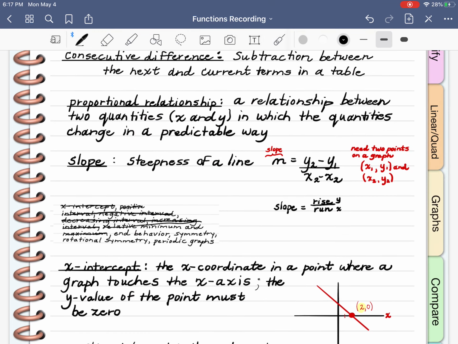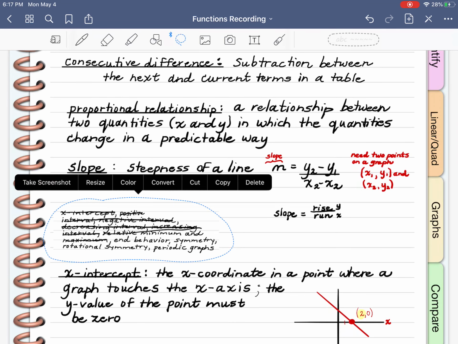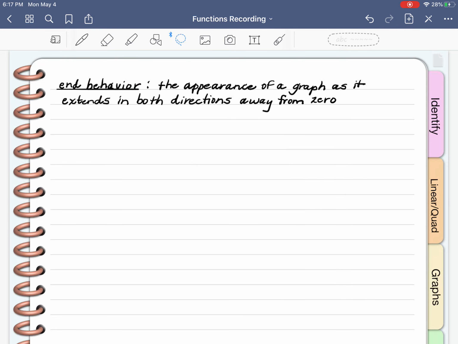Okay, let me copy this so I don't have to keep flipping over. The next one is symmetry, and this is an important one. Symmetry is a very important concept in math. A symmetry line or a line of symmetry. I can't remember how I gave it to you, but either way, it's going to mean the same thing.